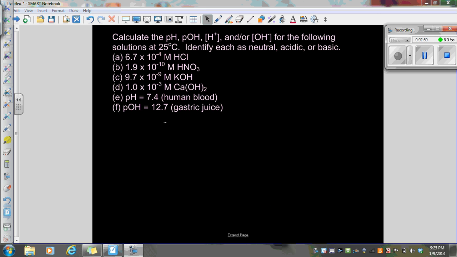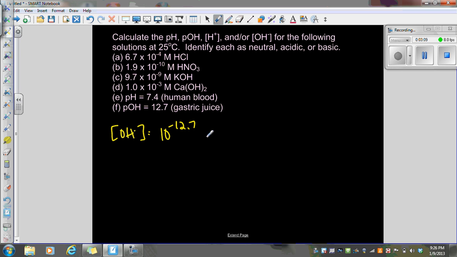All right, so now we want to look at how to do F. Gastric juice, the pH of gastric juice is 12.7. So from that, let's go ahead and calculate hydroxide ion concentration. So that will be 10 to the negative 12.7. So you're doing second log to the negative 12.7.